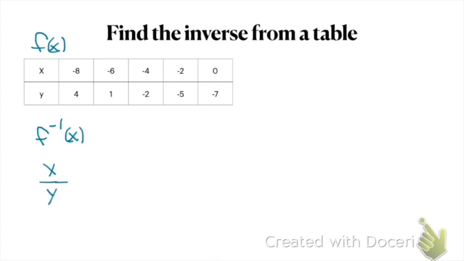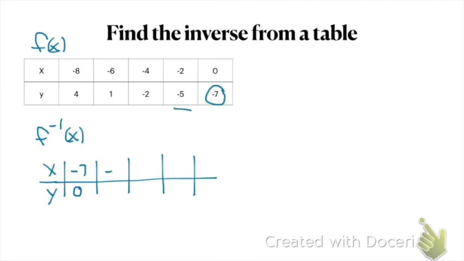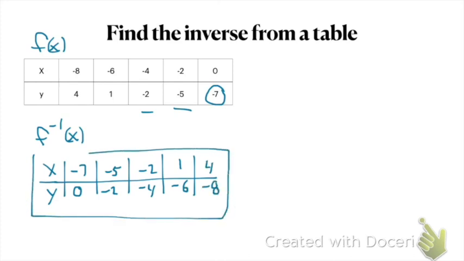Like I said, I'm going to go from left to right for my x values. This is my lowest x value, so -7 goes to 0. And then -5 goes to -2, -2 goes to -4, 1 goes to -6, and 4 goes to -8. And there is my f inverse in a table.